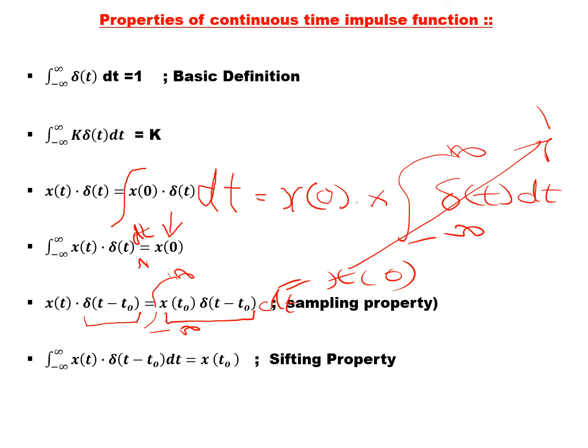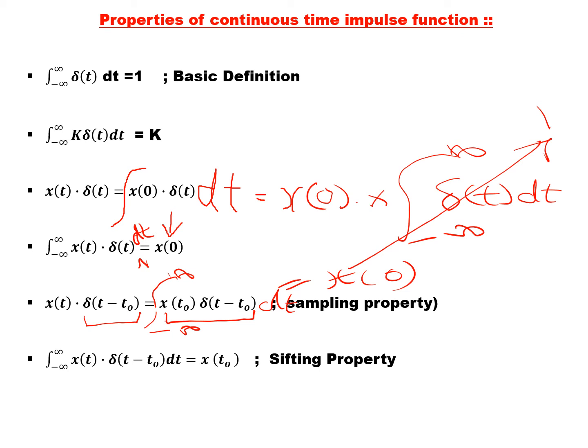What remains in the integration is the impulse, and the result will be 1. So finally I get x at t naught. Shifting means searching, finding. I'm going to find the value of the signal x of t at t naught. This is the shifting property.